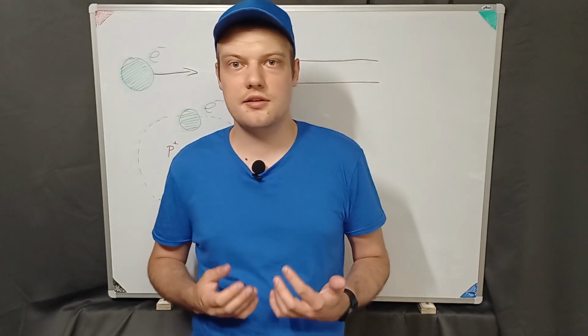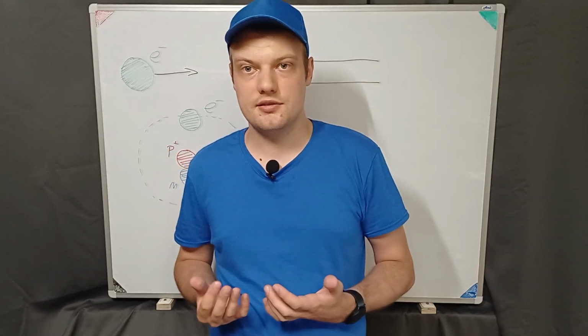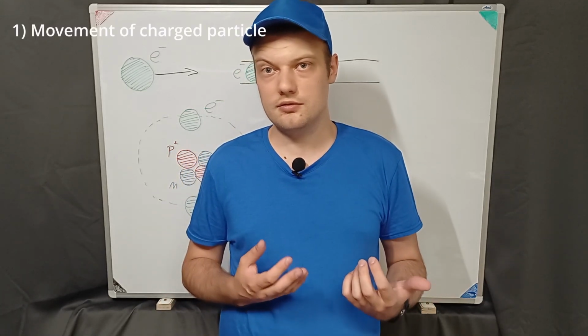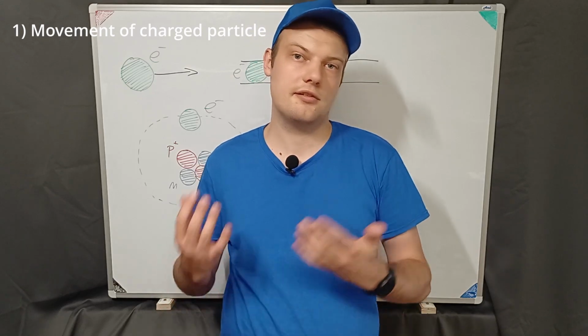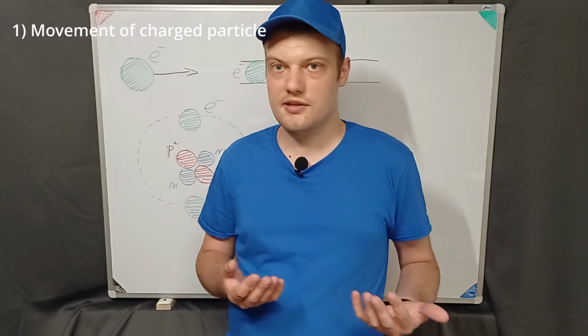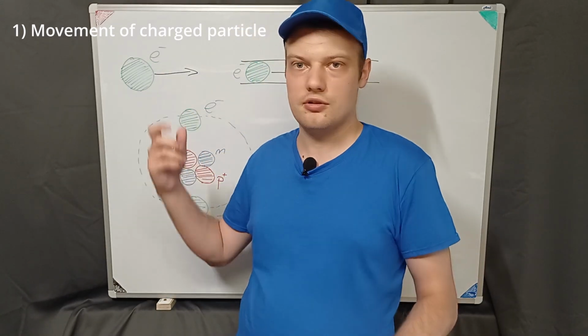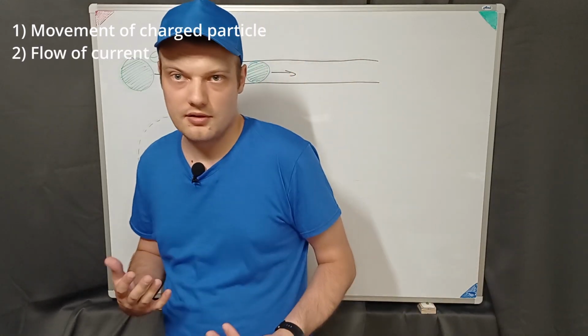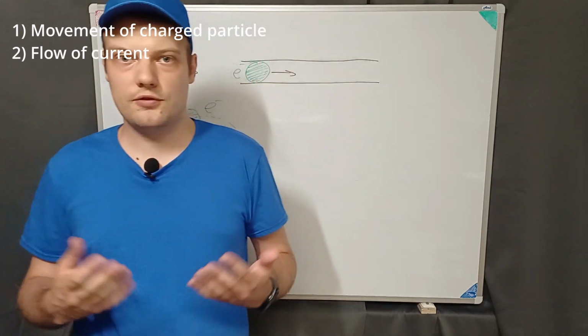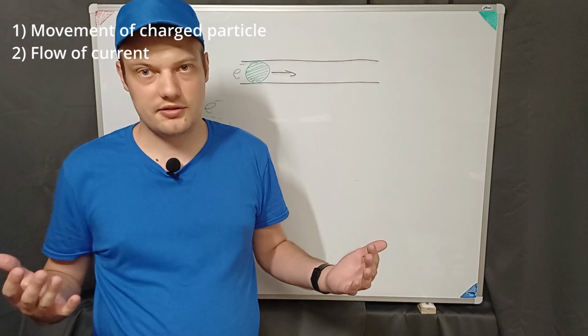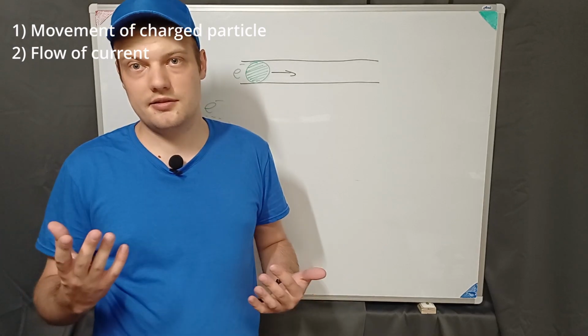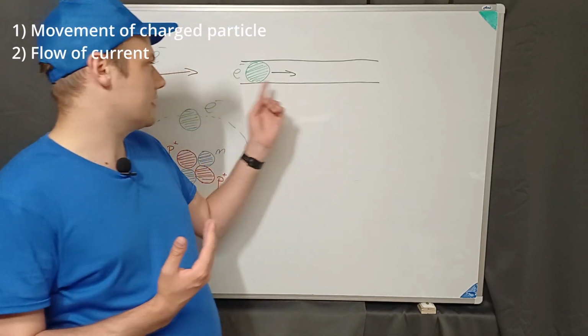Magnetic fields can arise in three different ways. First, from the movement of charged particles outside solid materials, for example, a free moving electron. Second, from a current flowing through a conductor or semiconductor, like electric current in a copper wire.